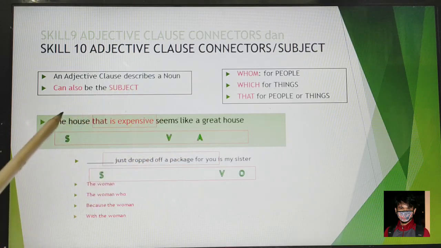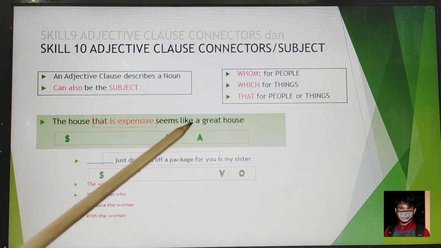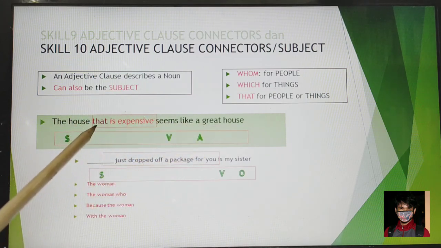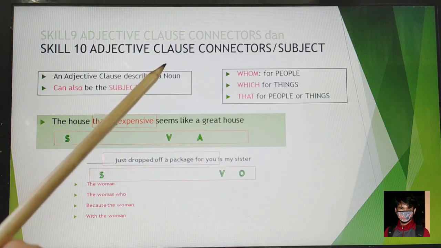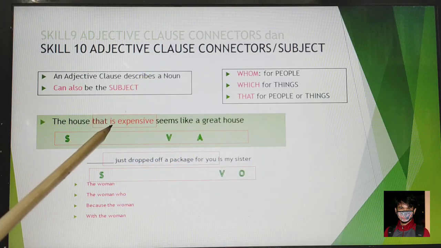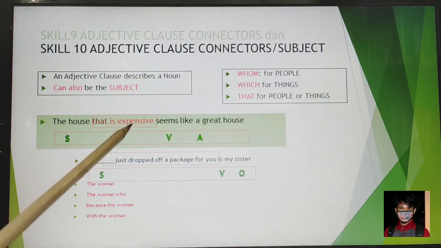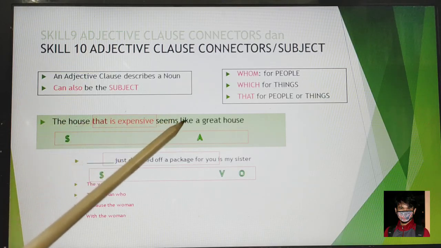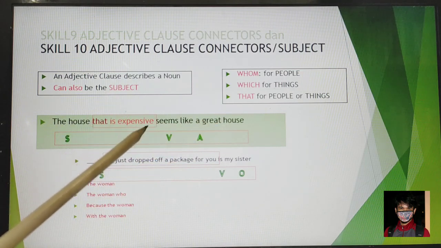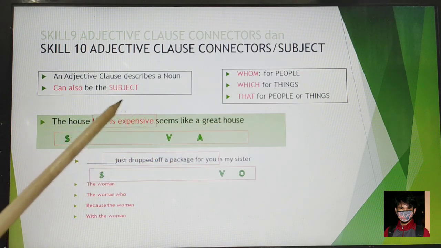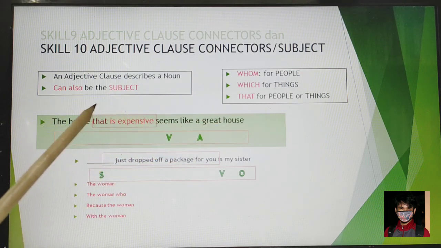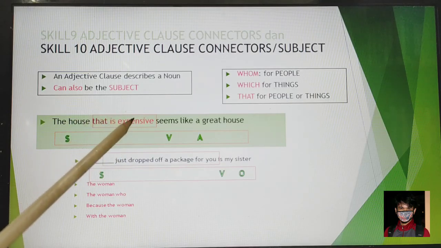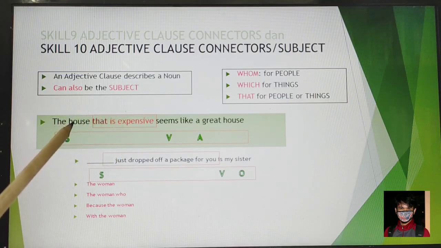So in the house that is expensive seems like a great house, that is the connector of the adjective clause, followed by the verb and also the adjective expensive. We could say the house seems like a great house, so that is expensive is identified as an adjective clause to give information that describes the noun itself. So what is the noun? The noun is the house. Okay, so that's the point.